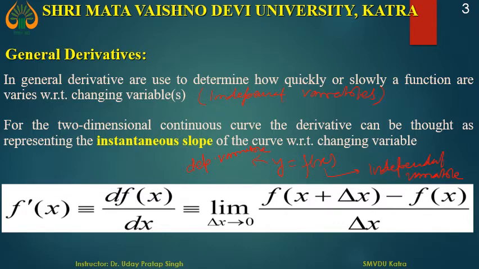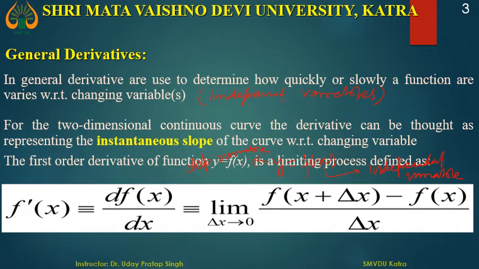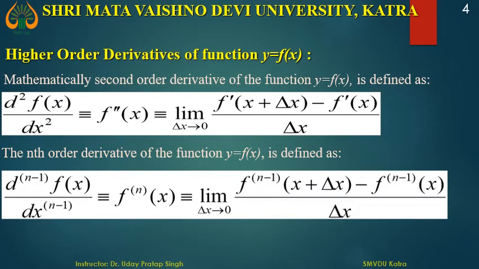Then df by dx is equal to limit delta x tending to 0 of f of x plus delta x minus f of x divided by delta x, right? This is the definition of general derivative which we already studied in class 12th, and this derivative is known as first order derivative, right? And this definition is a limiting process.